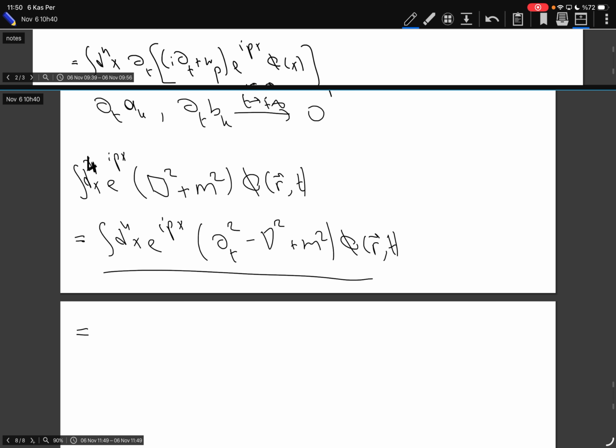That is why I will assume phi goes to 0 as r goes to infinity, which basically allows me to do integration by parts.